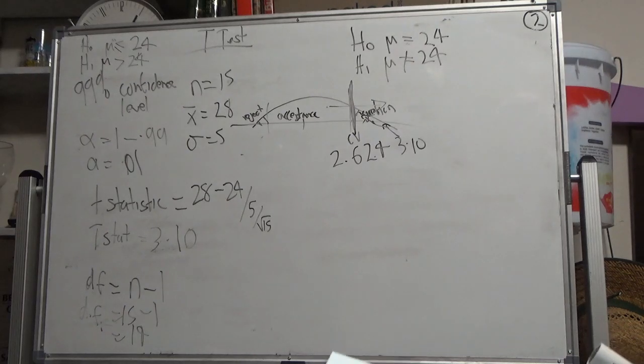Okay, so we've completed the two-tailed tests. How much does the sample size have to be again? 30.